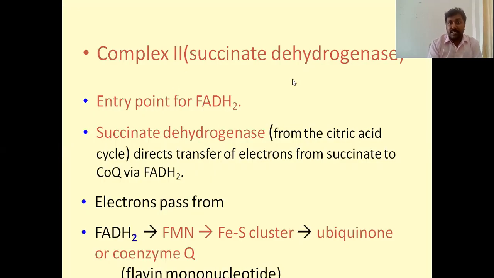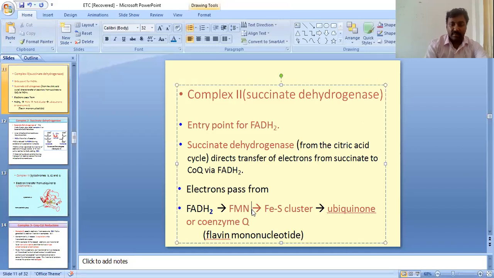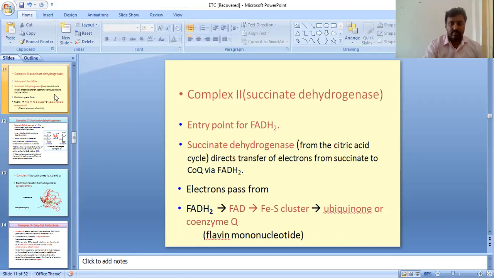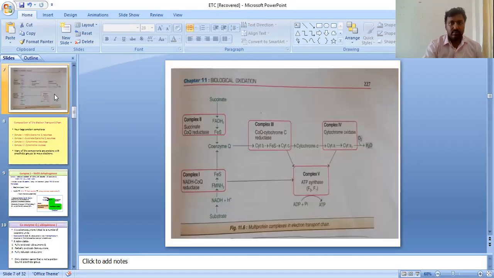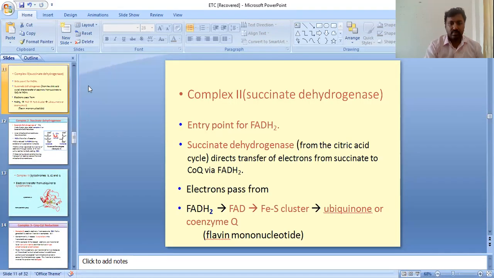And complex 2, succinate dehydrogenase, whose entry point is FADH2. Already see here, it is not FMN, this is FAD.